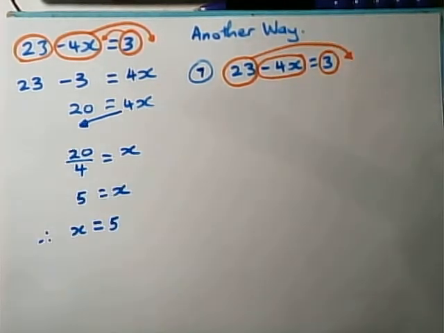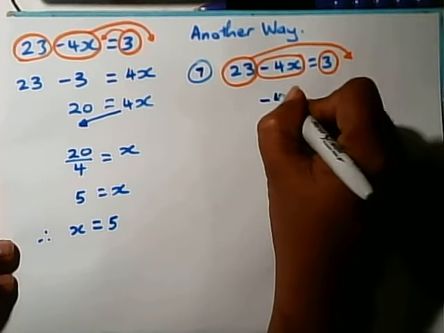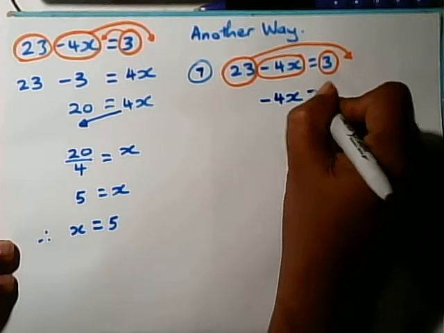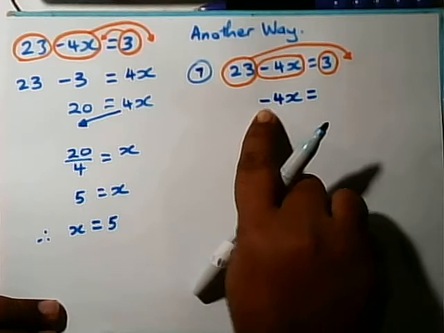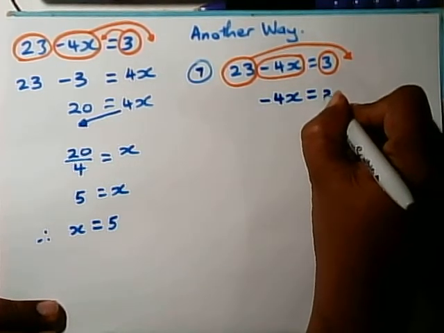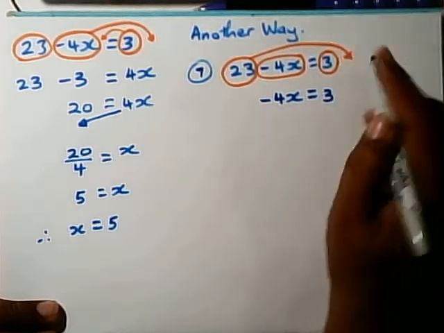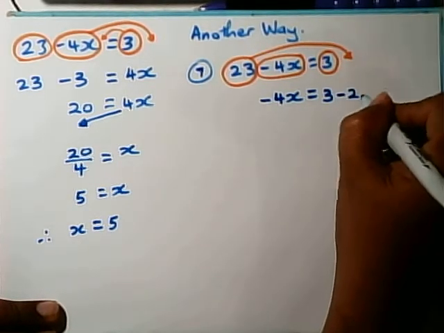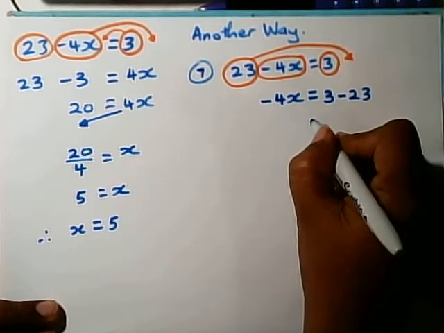Don't forget to change the signs correctly. We are left with a negative 4x on this side. Don't forget that minus didn't move, it's still there. The 3 is here. Now we have a negative 23 coming across here. So 3 take away 23.